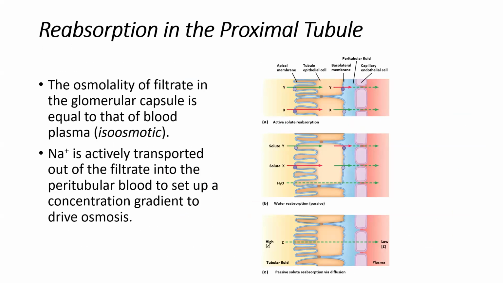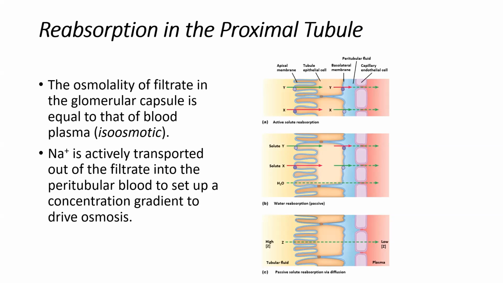Now, before we get into the actual mechanism, I want to remind you that when we're speaking about the proximal tubule, reabsorption here is unregulated. It's happening independent of any external factors. It's happening independent of hydration status, of any hormones, of any neural activity. So this is what we mean when we say that it is unregulated.